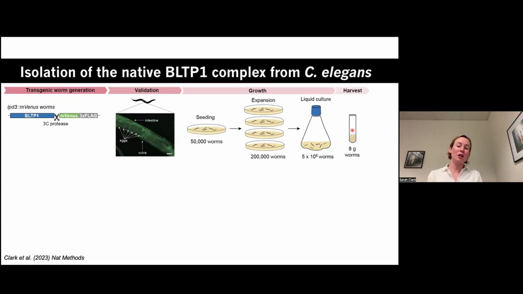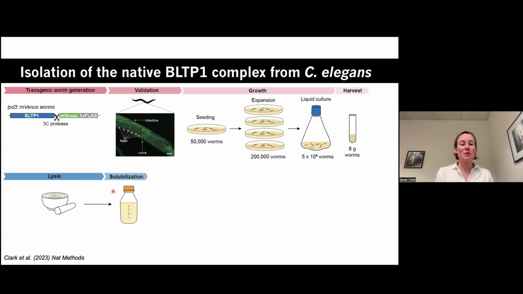Then we freeze the worms for downstream experiments. For a single cryo-EM experiment or other analytical experiments, we would need somewhere around 50 million worms. For reference, that's about a 50 mL conical Falcon tube packed full of transgenic C. elegans.